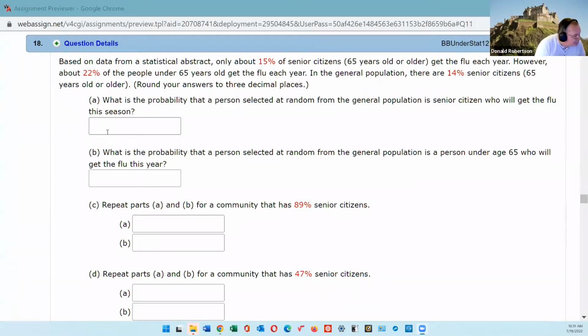And then it goes and says, another piece of information, in general, there are 14% senior citizens. So what you've told me here is that 14% of the population are seniors, and that must mean the other 86% of the population are young. Okay.